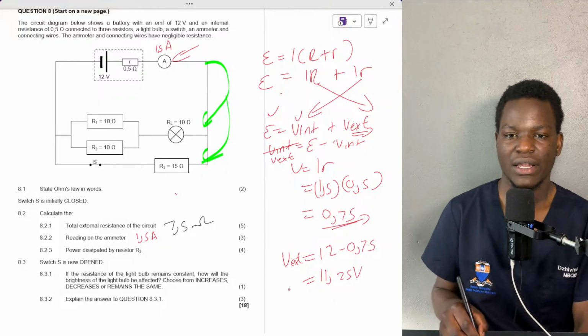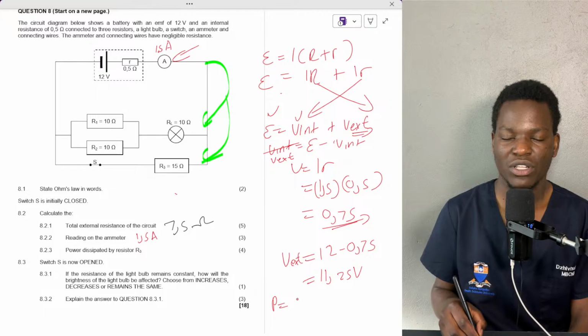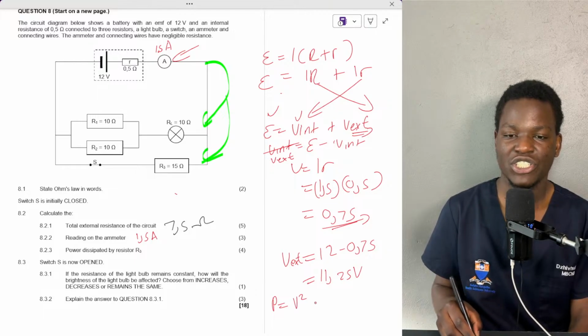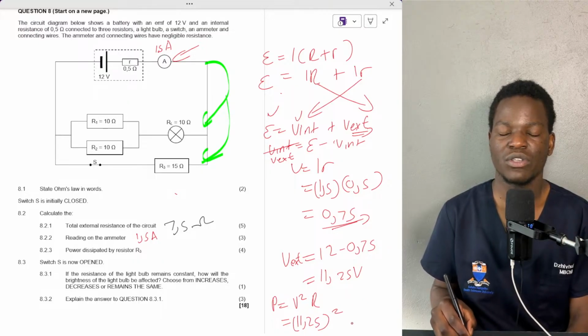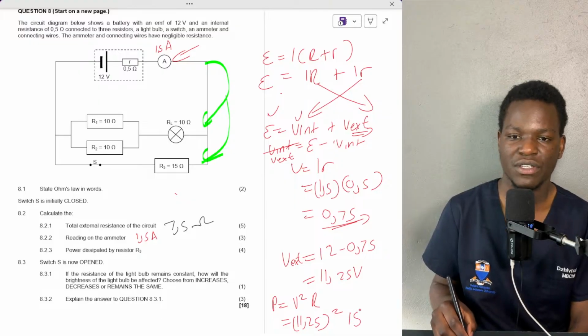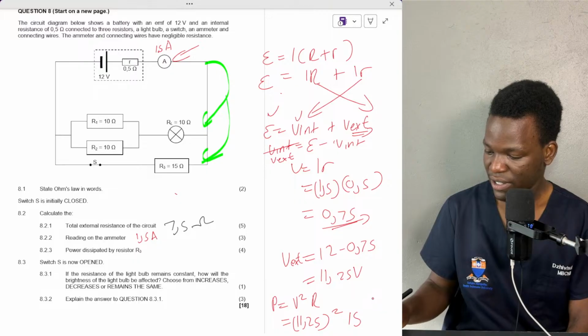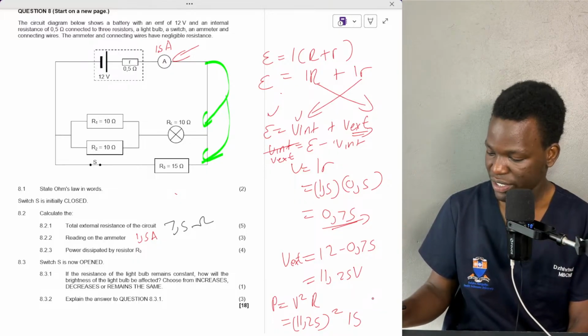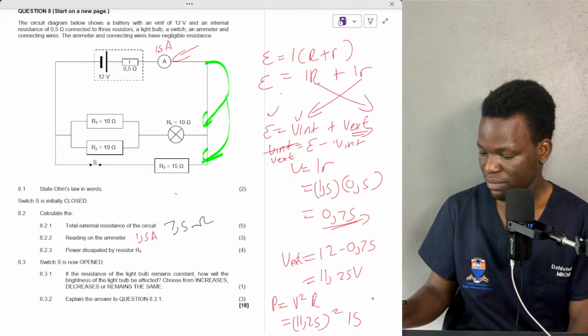Now let's say power equals the voltage squared over the resistance. We take 11.25, square it, and divide by the resistor, which is 15.